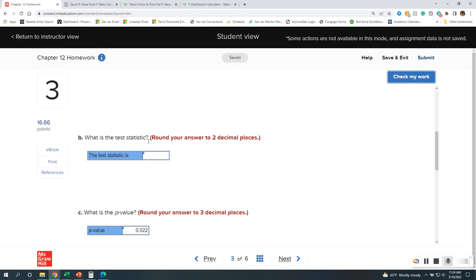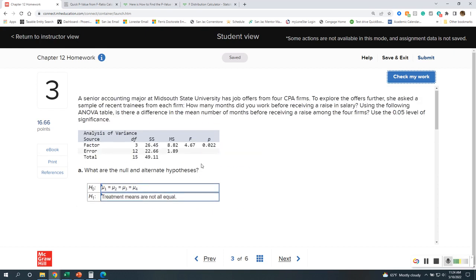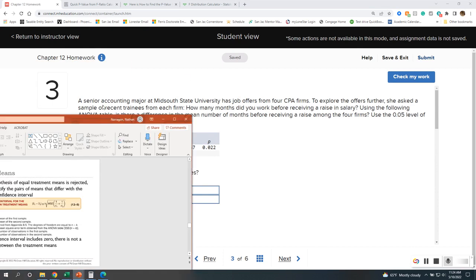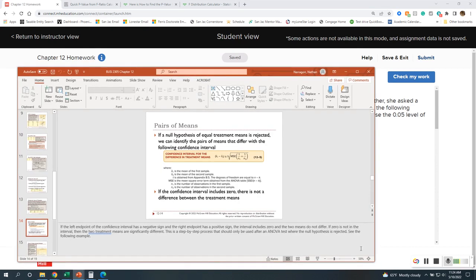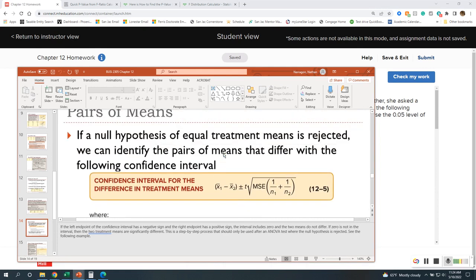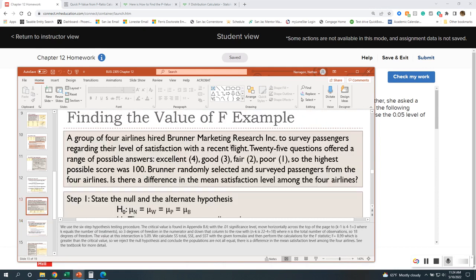Okay, so we need to find the test statistic. So, for ANOVAs, remember, this fun little formula that we had. Well, that's a confidence interval. Never mind.